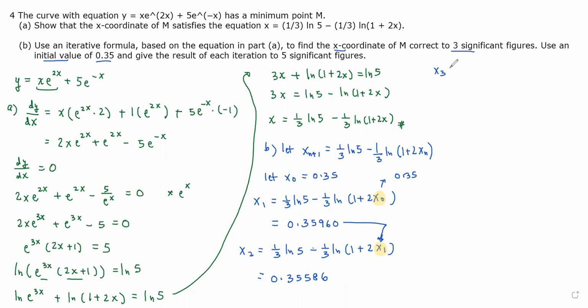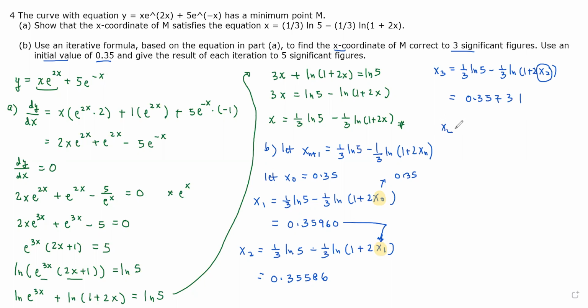Then we find x sub 3, that is 1/3 ln 5 minus 1/3 ln(1 plus 2 x sub 2). This x sub 2, we use the value we found just now, and x sub 3 is 0.35731.